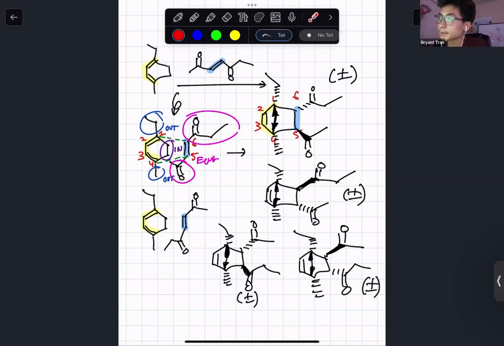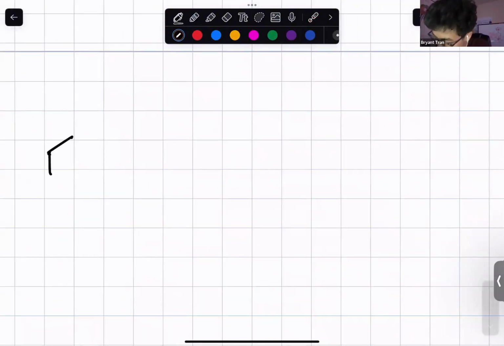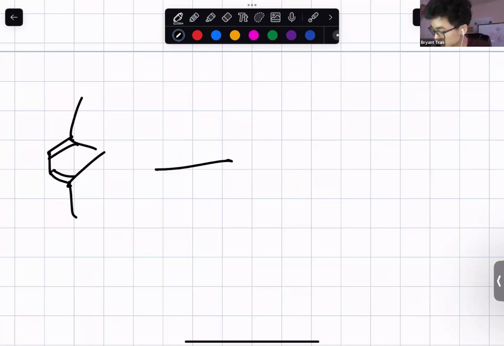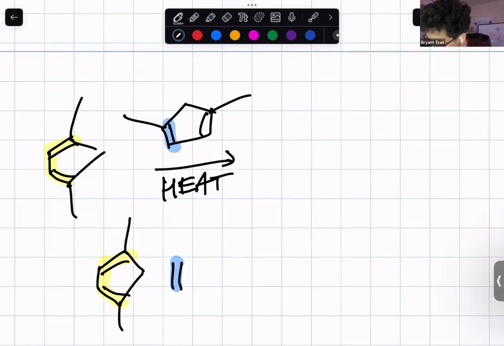Okay. Now let's move on to the next one, which is going to be this diene reacting with this molecule here that looks like a diene, but if we want to force a Diels-Alder reaction, we could highlight this part as the diene, we could highlight this part as the dienophile, and then we could redraw it in a format where they line up like that, and the charges match up, right?